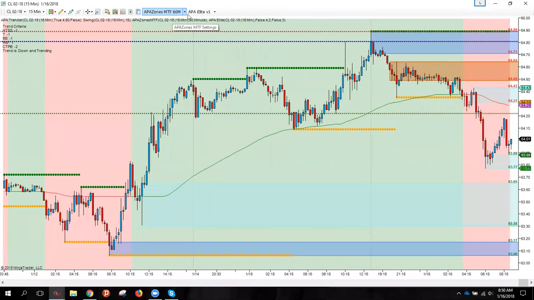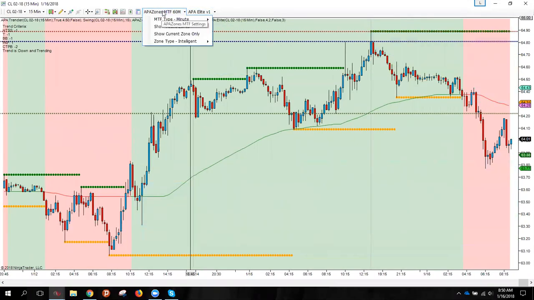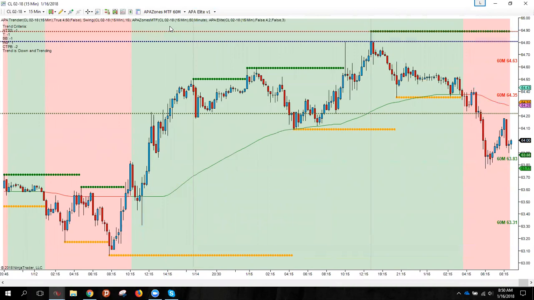I'm now going to mark up my charts with the 60-minute zones. These are demand zones.